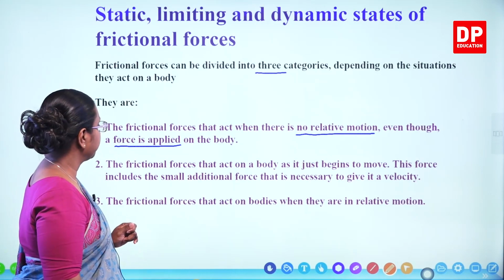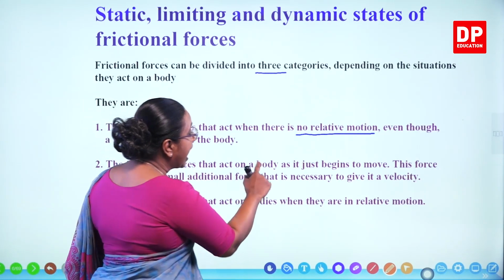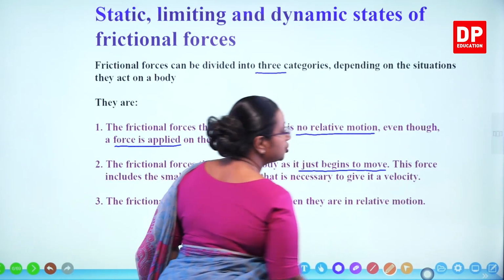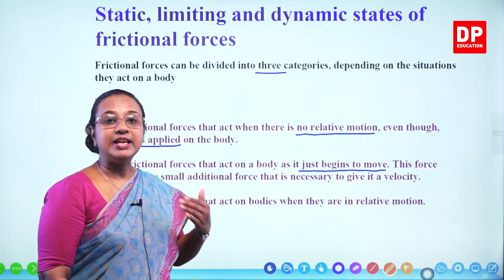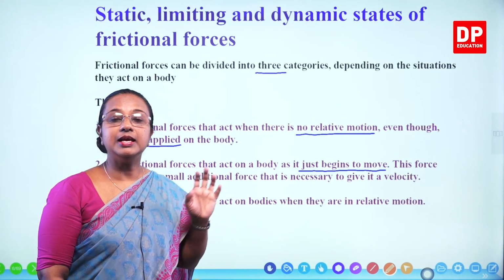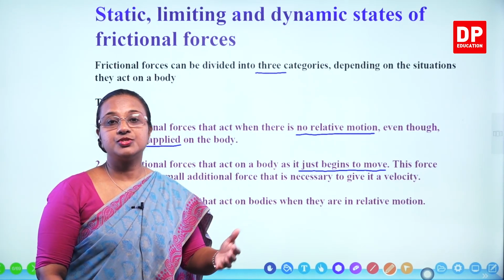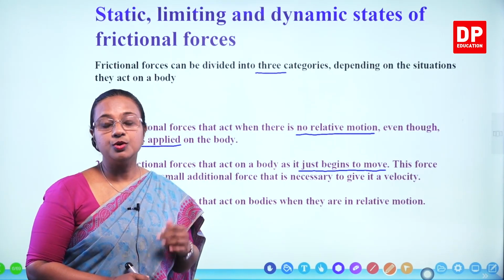The second type is the frictional forces that act on a body as it just begins to move, when it just starts to move. So, we pushed the table, it did not move, first instance. We increase the force, then the table starts to move.